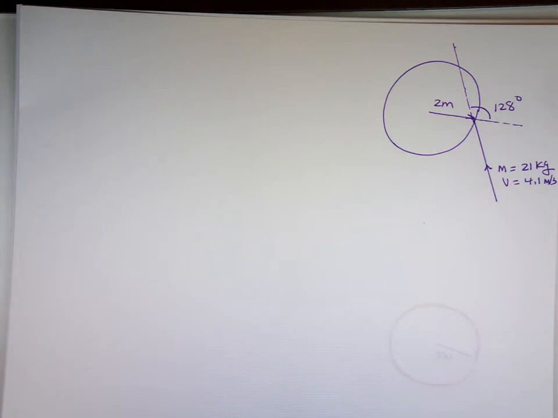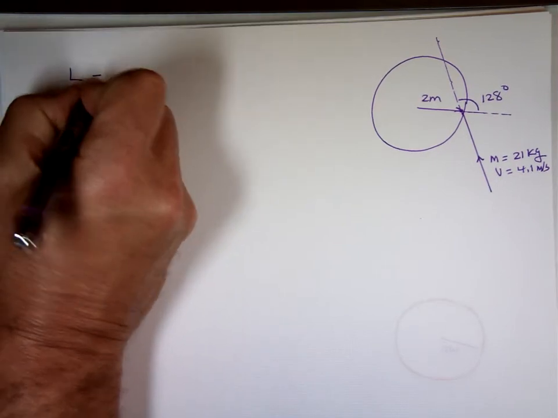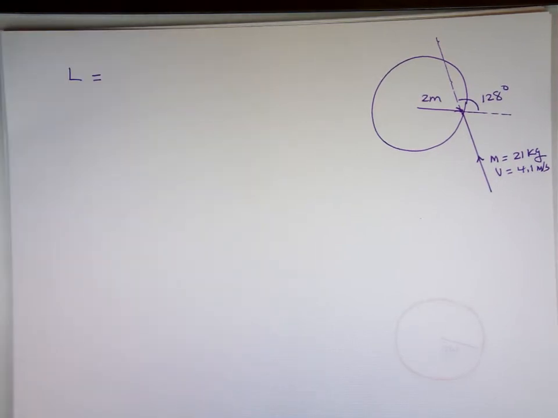And the question for this: can you tell me what the angular momentum is? I mean the angular momentum, not linear. What is the angular momentum? Not linear. L always gets me linear.